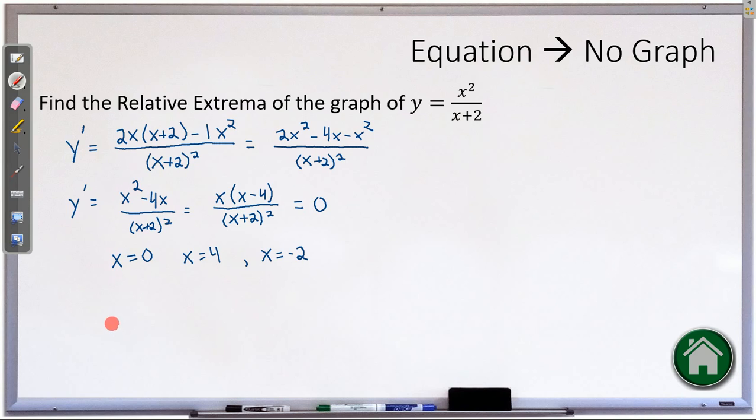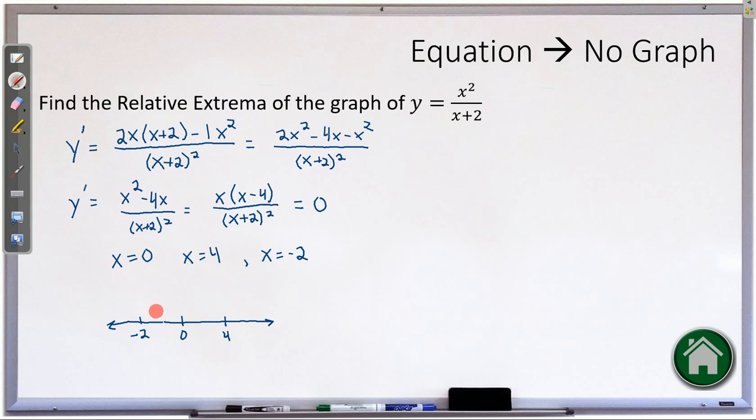Since we know those, we can now put them on a sign chart. So we're going to have 0, 4, and negative 2. Now we can do our sign chart for that.